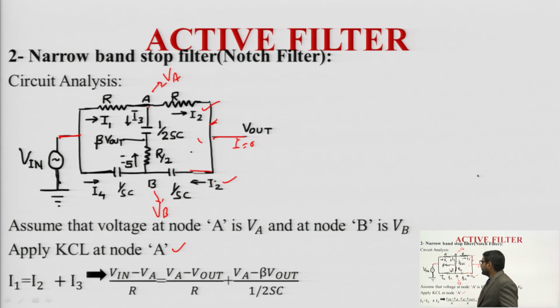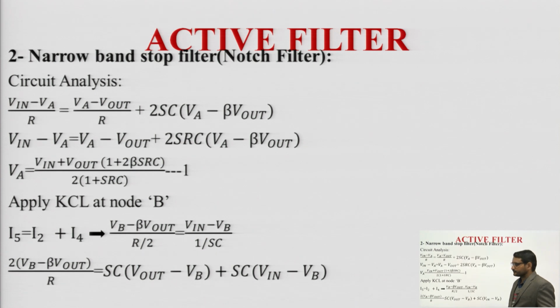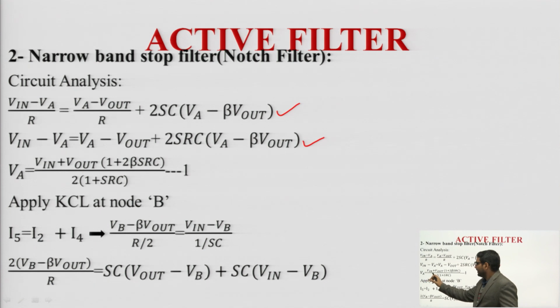Here the impedance is 1 upon 2 SC. If you modify this, we get V A in terms of V in and V out: V in plus V out into 1 plus 2 beta SRC, divided by 2 into 1 plus SRC.